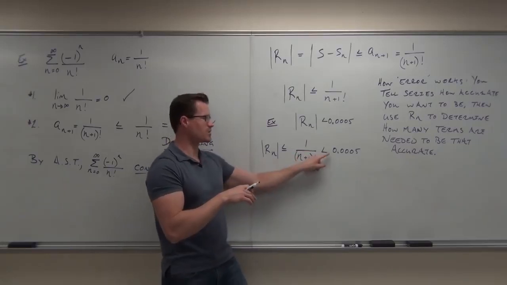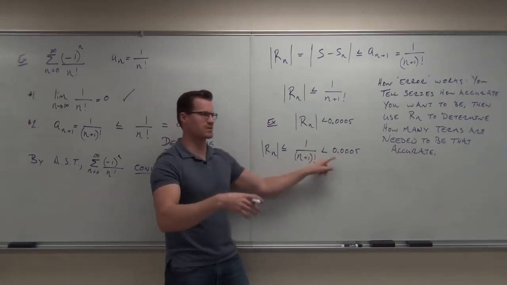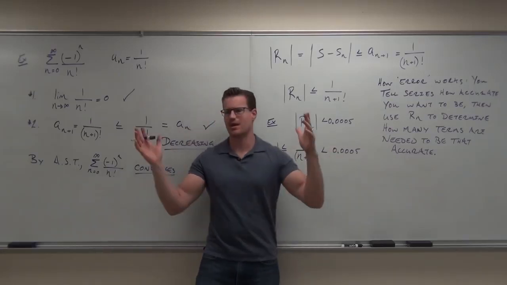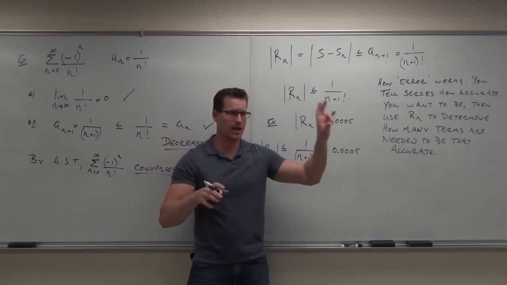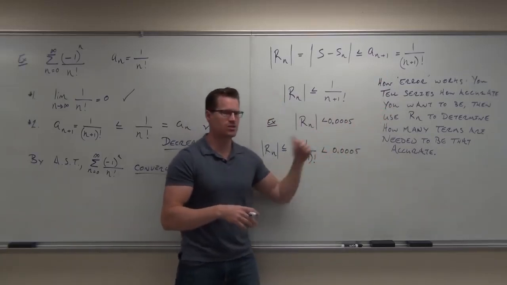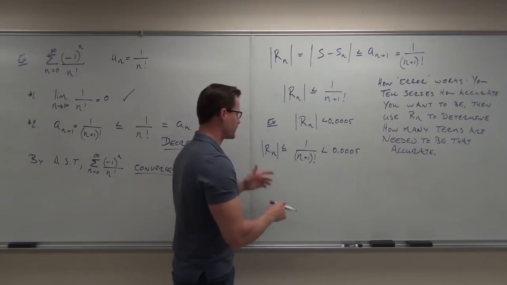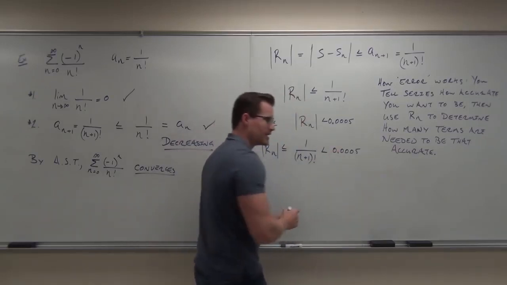So if I make my last term less than this number, whatever my error is, then R sub n for sure is going to be less than that. Because this is less than this is less than that. Bam. So set your last term, actually your next term, a sub n plus 1, less than your error. Solve for n. Done.